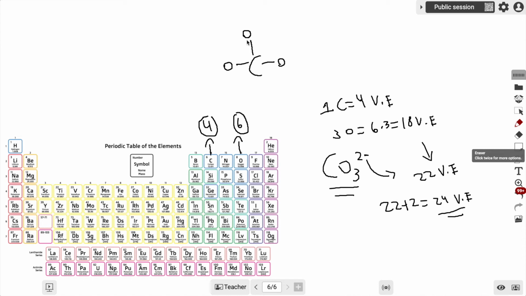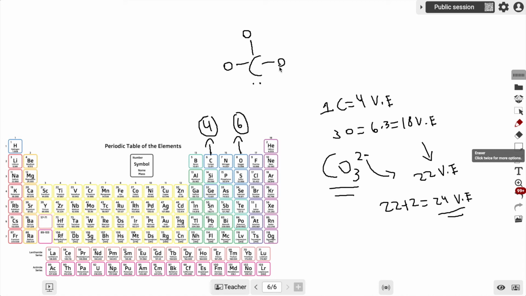So let's take a look at carbon, for example. We have 2, 4, 6, so it needs 2 more valence electrons to become 8. So 2, 4, 6, we add 1 lone pair there. That's our lone pair for carbon. So 2, 4, 6, 8, we have our full octet for carbon. This oxygen only has 2, because it has only one bonding pair, one bond to the carbon.